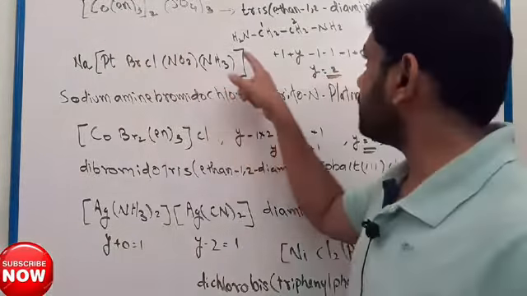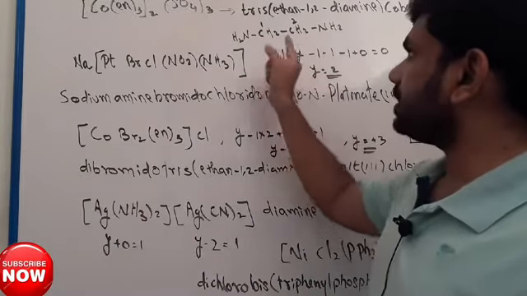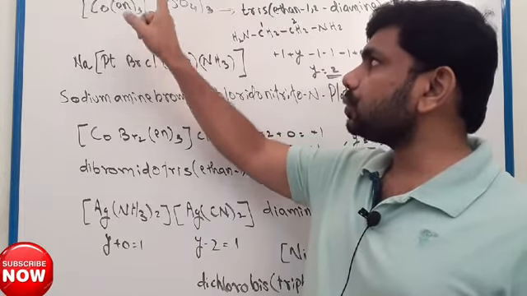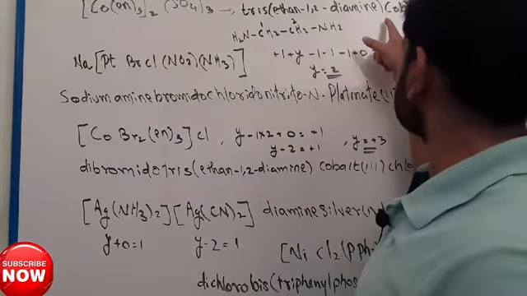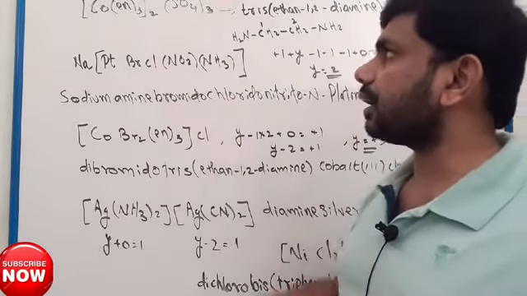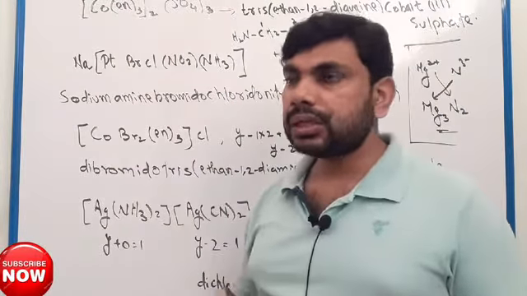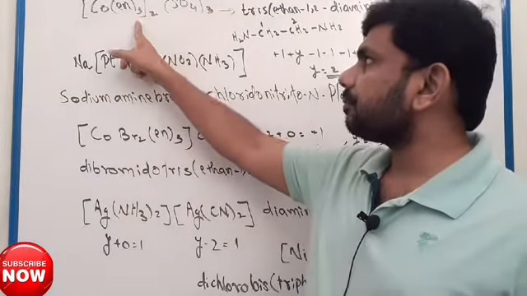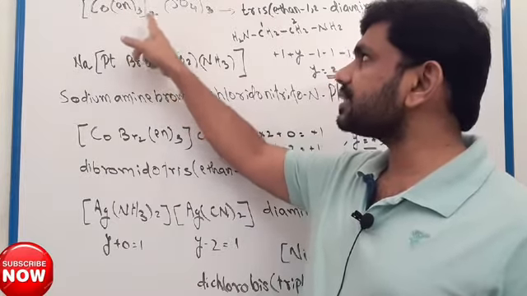Here en means ethane-1,2-diamine. Cobalt, its charge is 3, cobalt(III) sulfate. This is the name of this compound. I will tell you how the charge of cobalt is 3. Now you understand. The name of this coordination compound: tris(ethane-1,2-diamine)cobalt(III) sulfate.